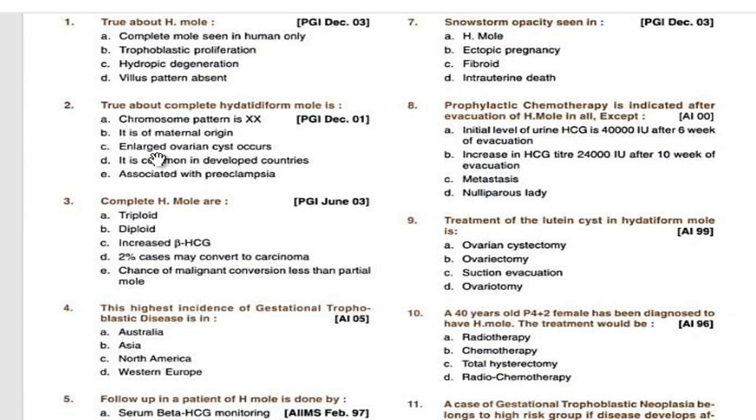Imagine if your syncytial trophoblast is secreting huge amounts of beta-HCG, it's going to create the theca lutein cyst in the ovary, and the cyst itself is a prognostic indicator, which means if you have bilateral theca lutein cysts greater than 6 centimeters, by itself it is a risk factor for development of choriocarcinoma. And then, it is common in developed countries is wrong.